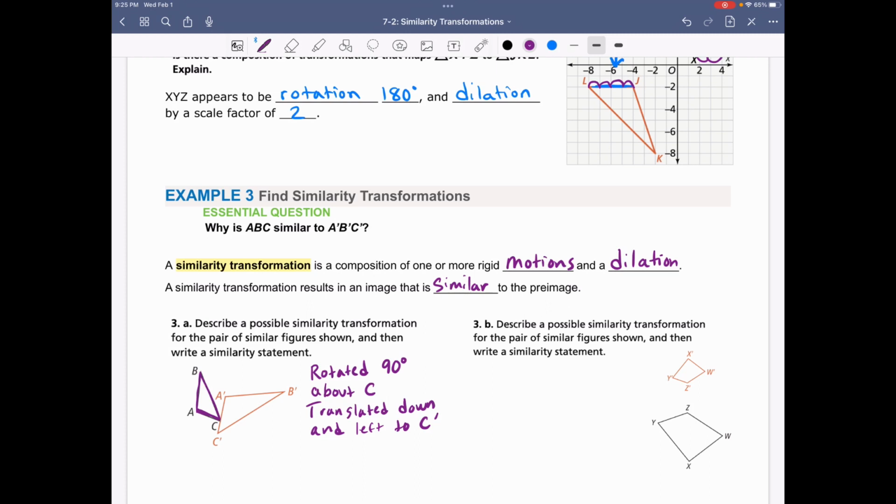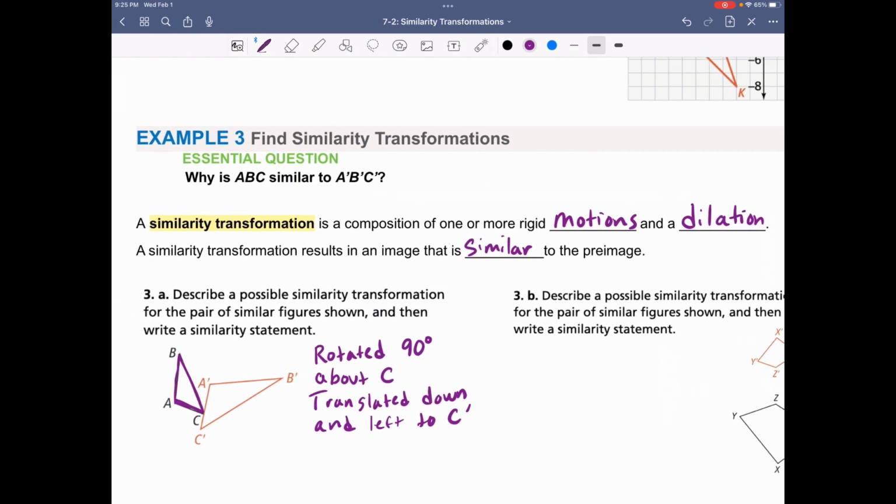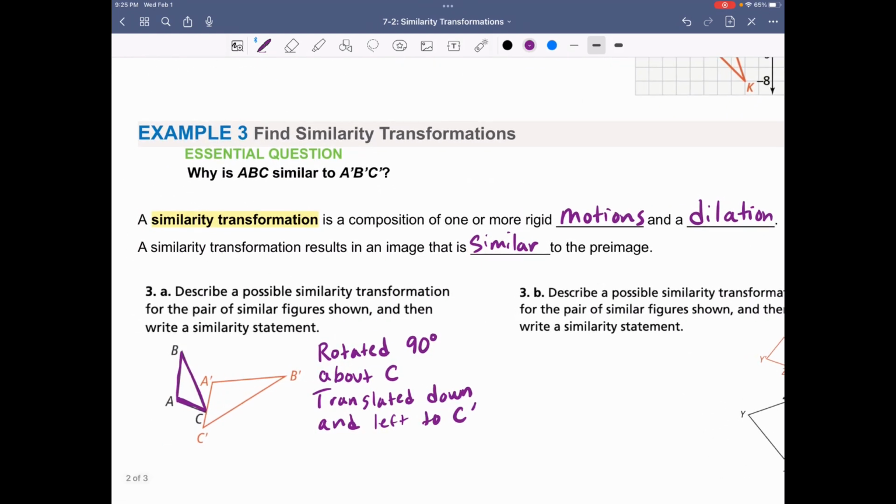And you don't have to be so detailed, but I just want you to think about what I'm writing here. So we've had two rigid motions, but then we're also dilating it. So we're going to make it enlarged, and to show an enlargement or reduction, we have to dilate. So we're dilating at C prime to enlarge.